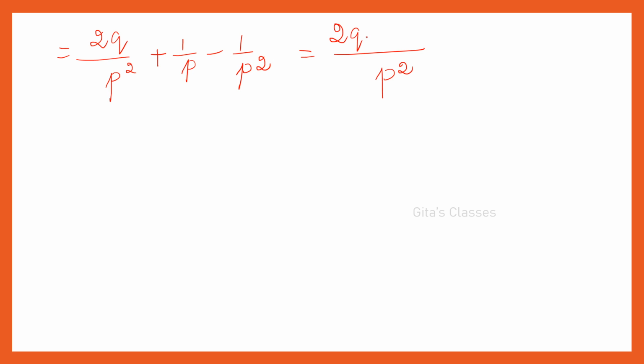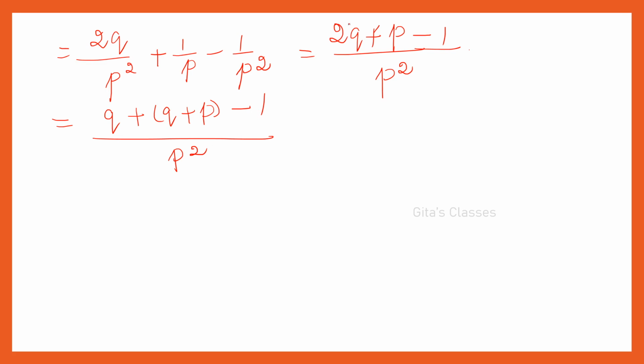So 2q plus p minus 1, right? I am writing this for my convenience: this can be written as q plus q plus p minus 1 by p squared. I am splitting this 2q into q plus q, right? Because q plus p is 1 we know, this can be written as q plus 1 minus 1 divided by p squared, that is q by p squared, because 1 and 1 will get cancelled.